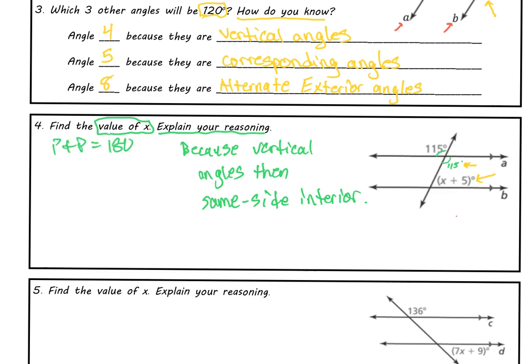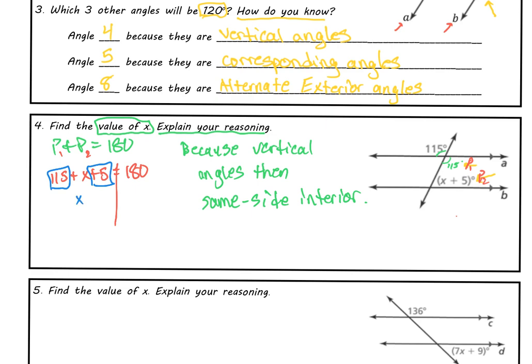One of our parts over here, I'll use a different color. We'll call this angle right here part 1 and call this one part 2. So we've got 115 plus x plus 5 equals the whole, which is 180. Solving for x, we've got 115 plus 5, which is 120.